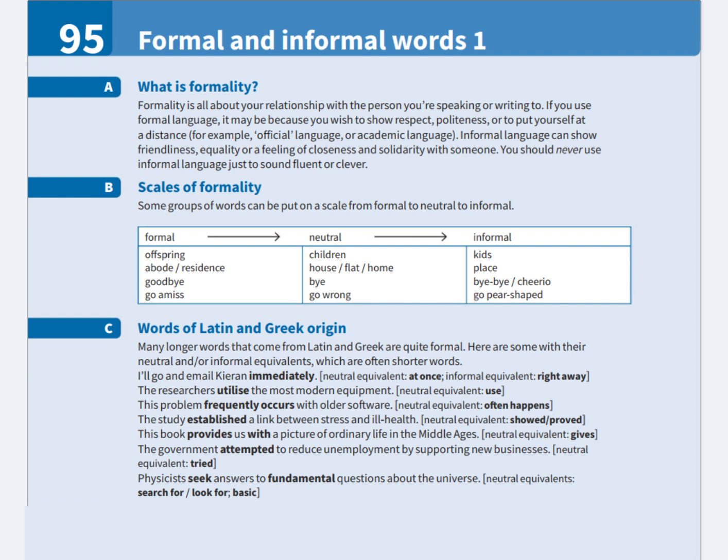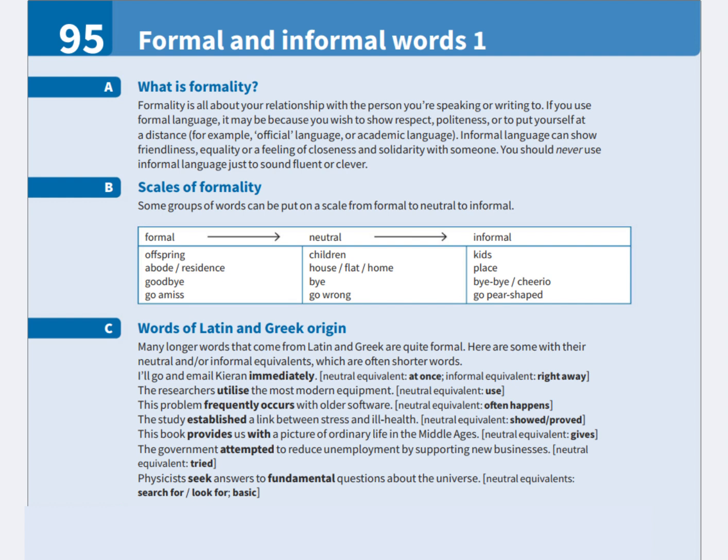B. Scales of formality. Groups of words can often be placed on a scale from formal to neutral and then to informal. The formal word offspring has the neutral equivalent children and the informal equivalent kids. The formal words abode and residence mean the same as the neutral words house, flat, or home.